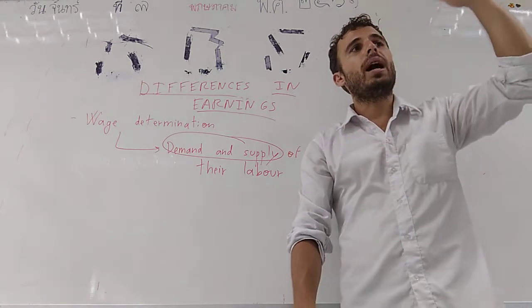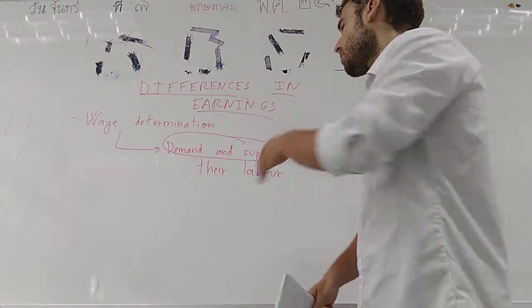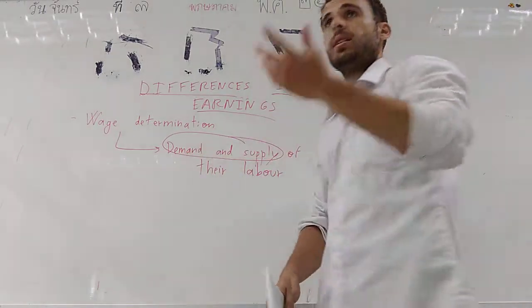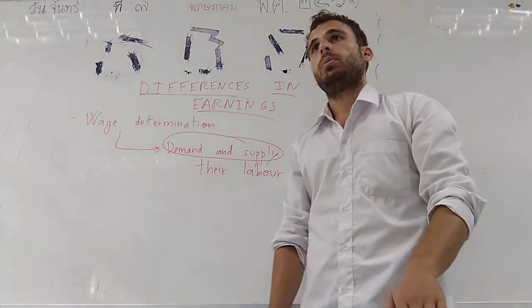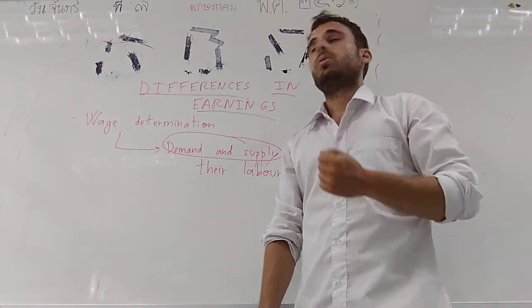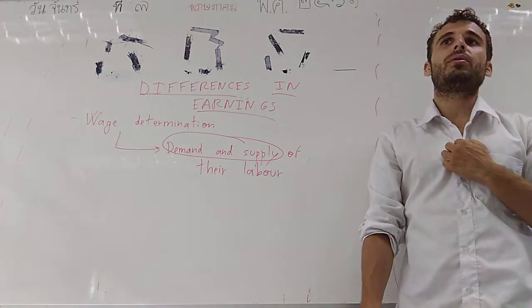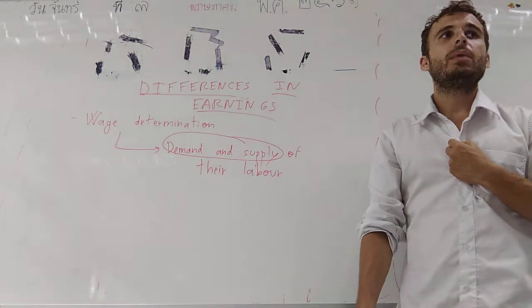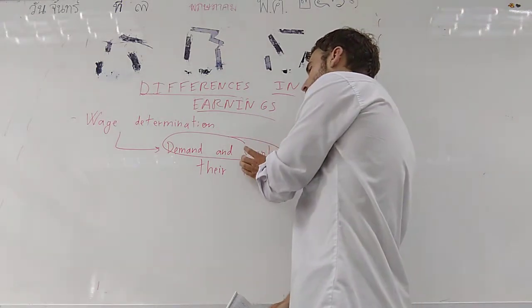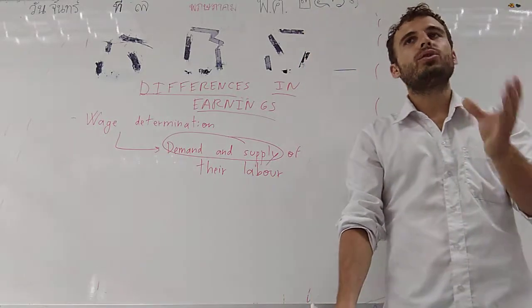And the more the supply surpasses the demand, the lower the prices will be. So now, if we want to talk about the salaries of waiters being very low, it means that the supply of waiters must be higher than the demand, or the demand higher than the supply, in order to have a low salary.